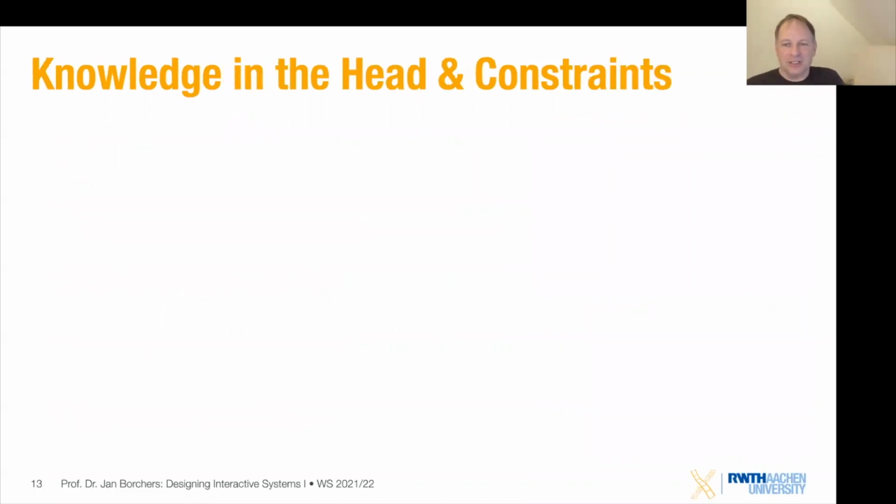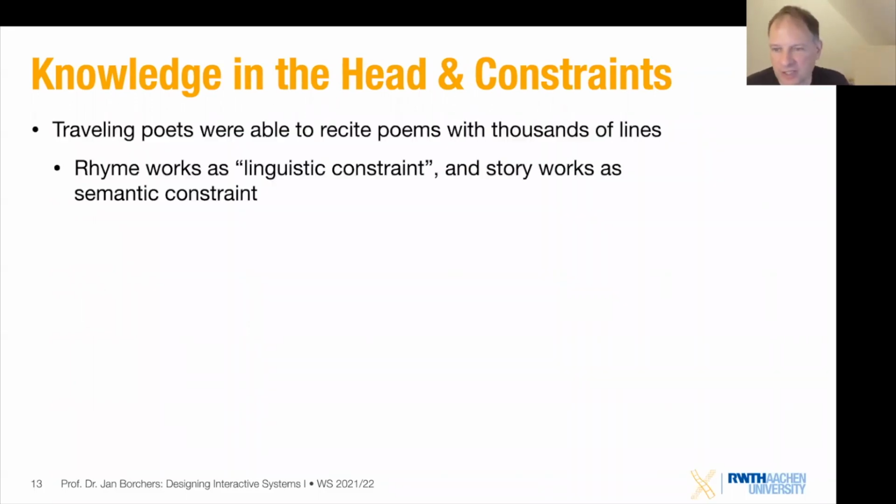Okay, so more examples. Back in the days when poets were traveling the country in the Middle Ages, they could recite thousands of lines in a poem just off the top of their head. They didn't have to look at their liner notes. They didn't have a Reclam booklet with them. So why does that work?